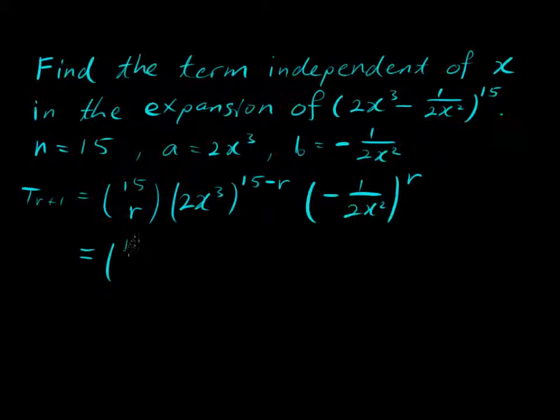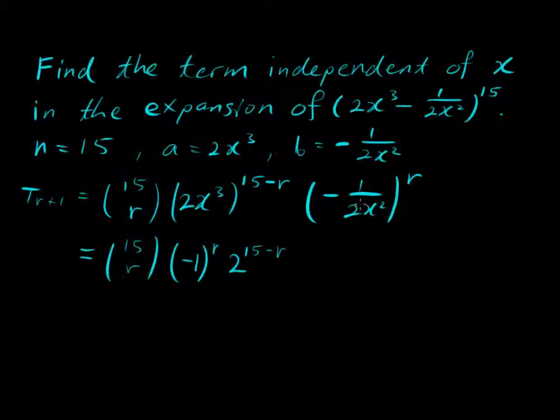Alright, so let's simplify the expression. This can be rewritten by taking out the (−1) to a power of r. Then we also factor out the 2, so we have 2 to a power of 15 − r.